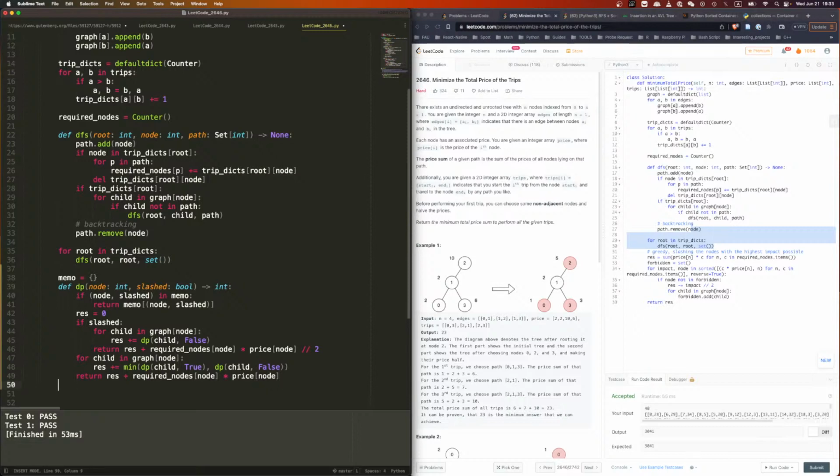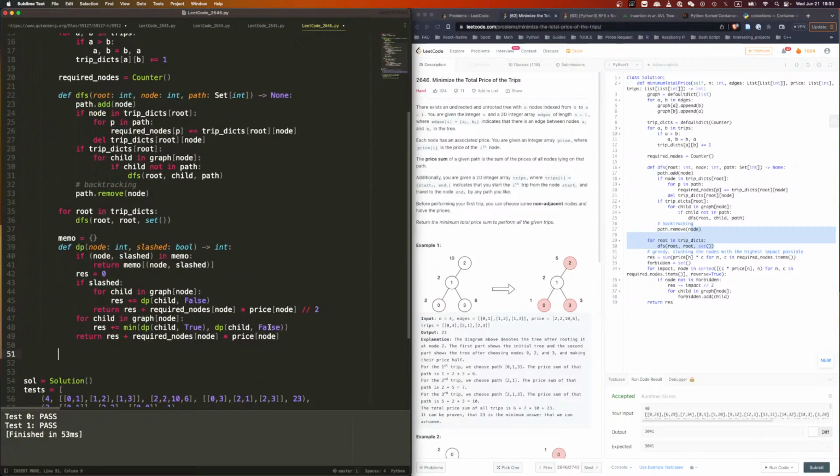Then we go dp0, and we return the minimum of dp0 if true, or dp0 if false.